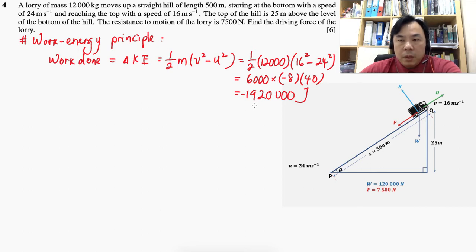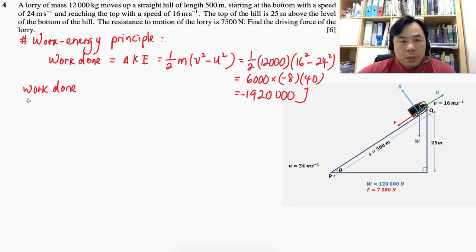Either the work done is provided to the lorry itself, or the lorry needs to have extra energy to overcome that resistive force. We're going to look at that. So the second part we're going to work on is the work done.